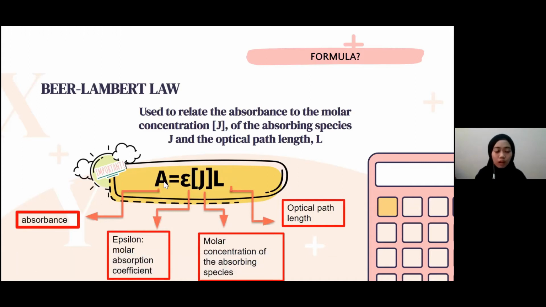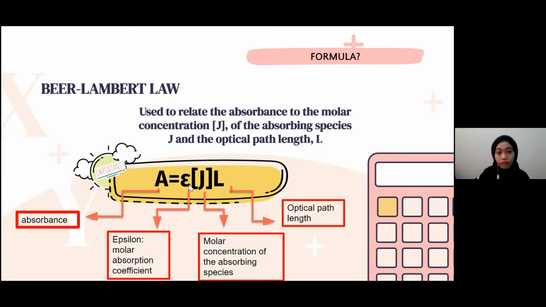So A here, which is absorbance, tells us the certain amount of wavelength that has been absorbed by the sample. Epsilon, which is the molar absorption coefficient, will tell us how well the molecule absorbs the wavelength. So if the value of epsilon is high, it means that the molecule will absorb more light. The molar concentration of the absorbing species will tell us how many molecules are in a given volume.